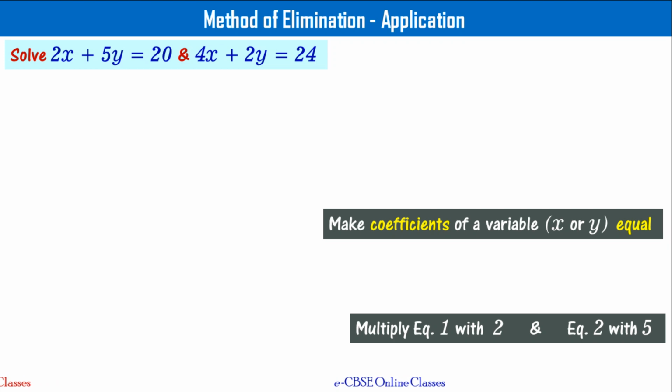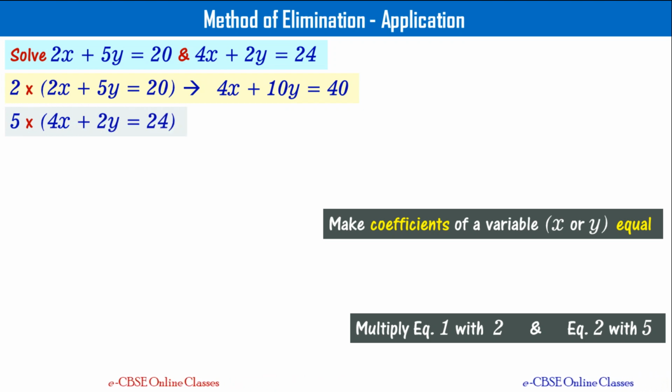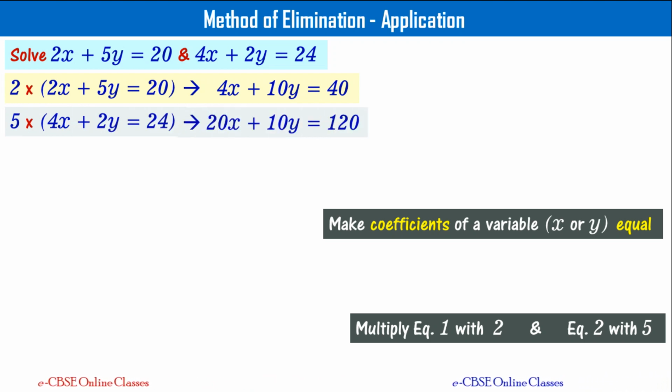Now let me multiply equation 1 with number 2 such that it becomes 4x plus 10y equal to 40. This is similar to what exactly we have done earlier. Whereas here differently, I am multiplying equation 2 with number 5. When you do that, you get 20x plus 10y equal to 120, right?